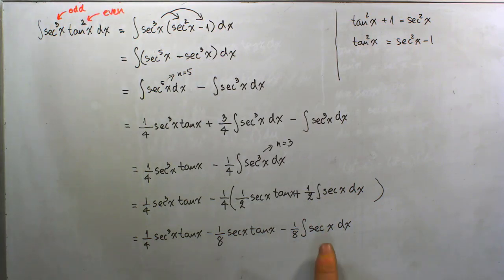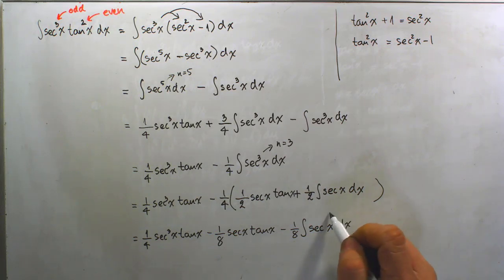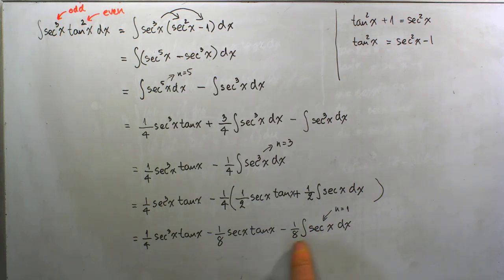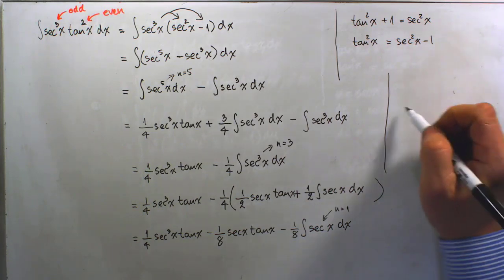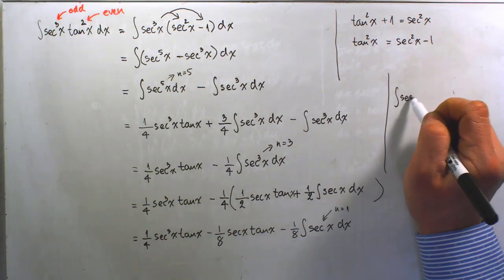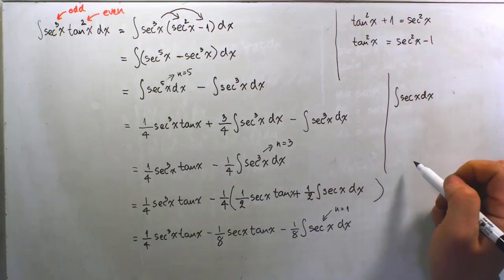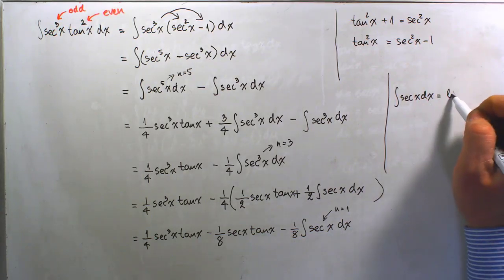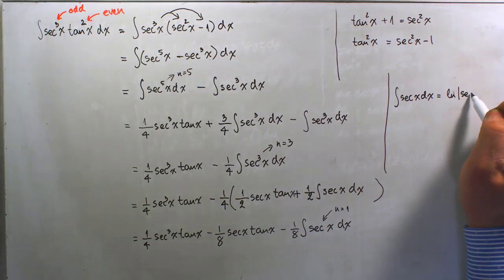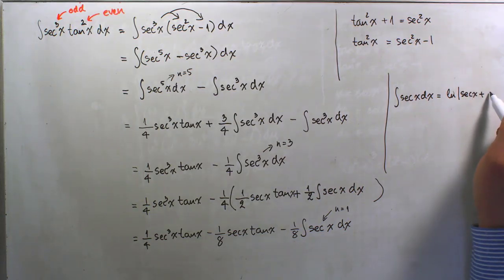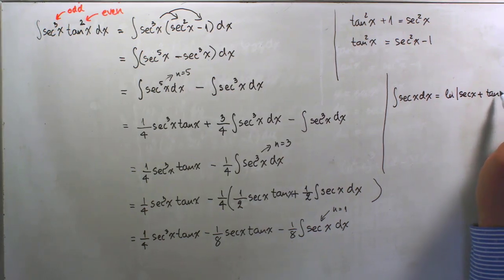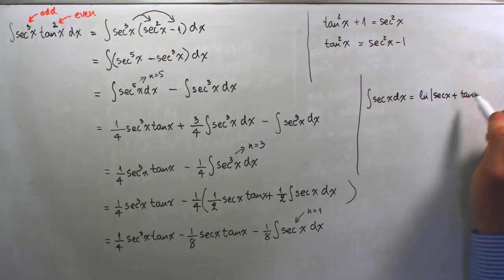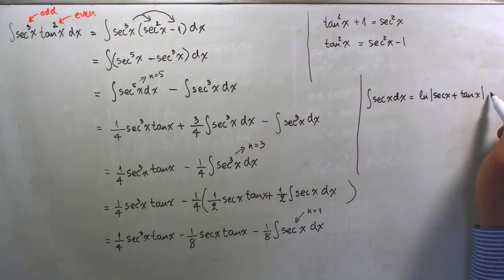But note that at this point, for this secant of x, we can no longer use the power reduction because the power is 1. However, we've learned previously that the integral of secant equals the natural log of the absolute value of secant of x plus tangent of x, plus c.